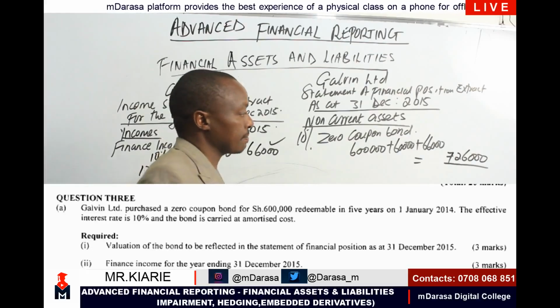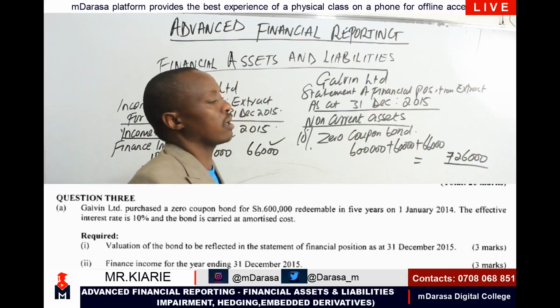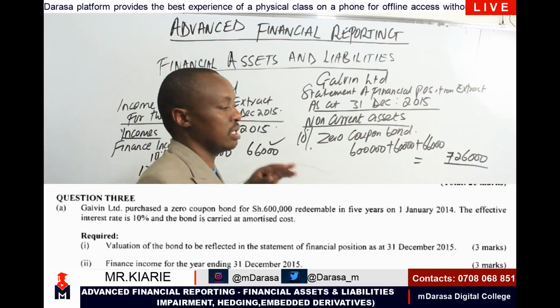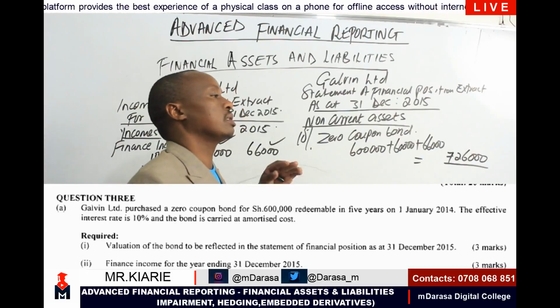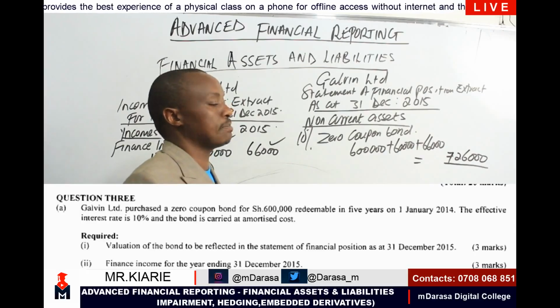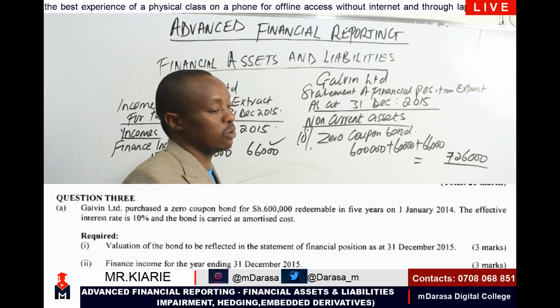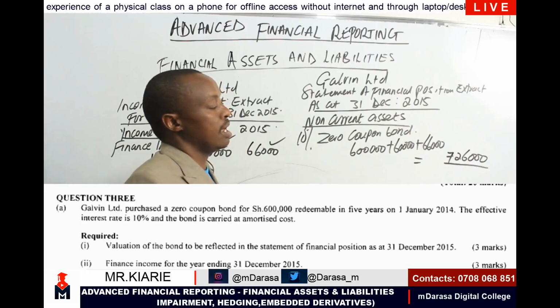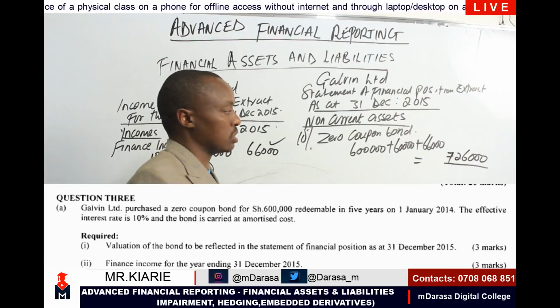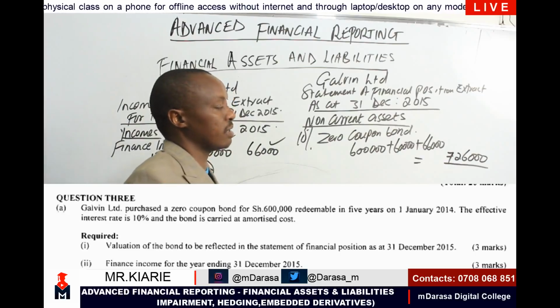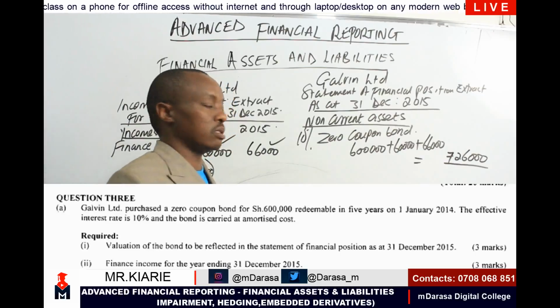Then you know the concept of hedging, what hedging is, and the two general types of hedges available. Then you know about embedded derivatives, what an embedded derivative is, and an example of one.